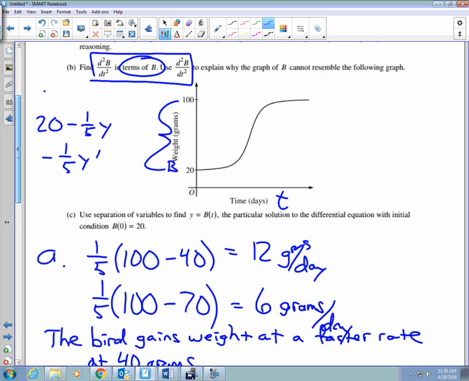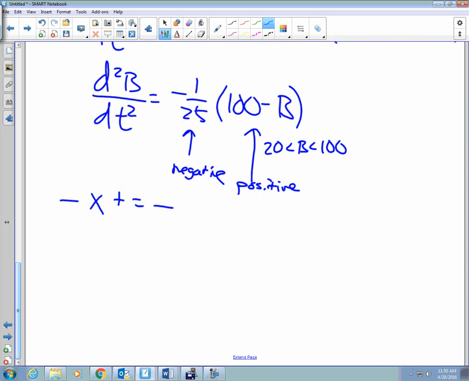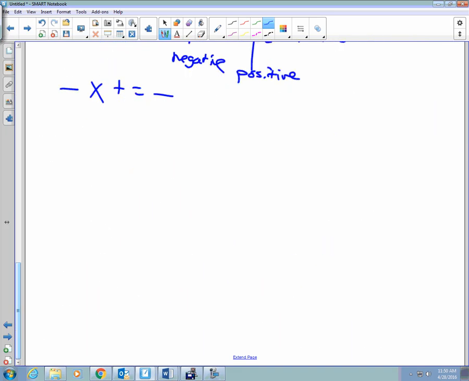So therefore, the second derivative is always negative.